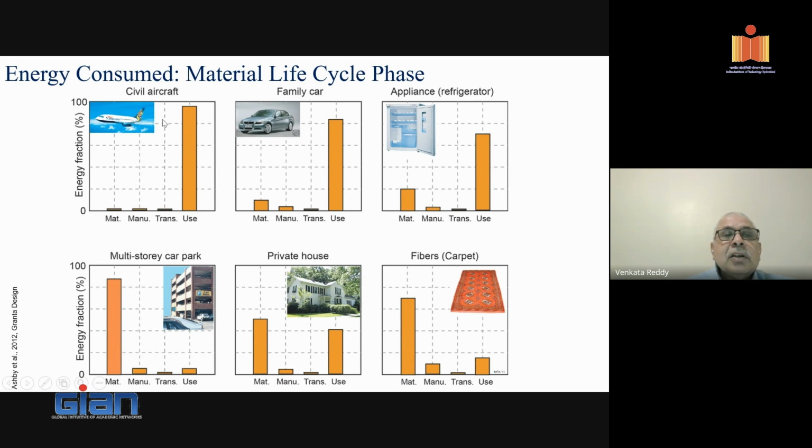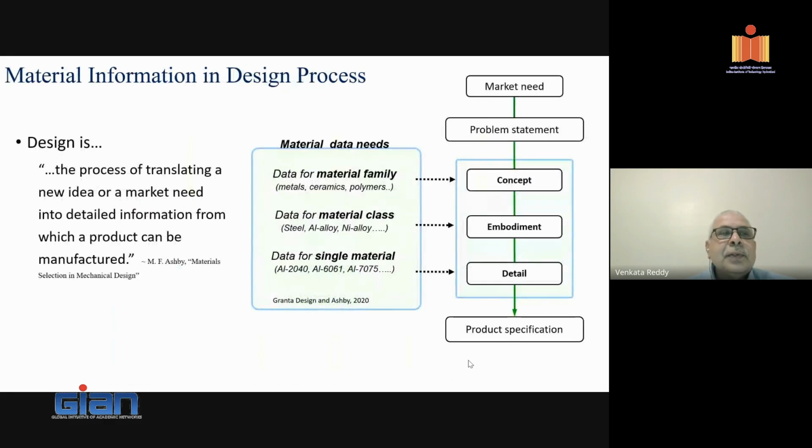It will be consuming a lot of energy. Now, even your family car, you can clearly see that. A refrigerator, but if you look at a carpet, you can clearly see the material cost is very, very high. Use phase is less. Now, depending on the product, where the energy is being consumed, but by taking the total life cycle, one should decide what will be the best suited. Okay.